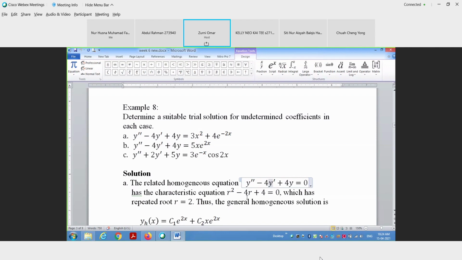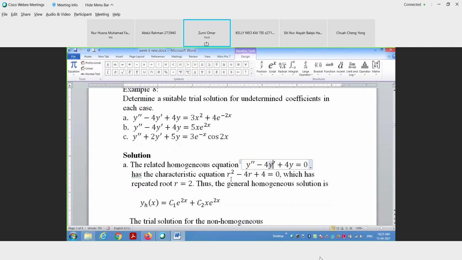To find r, we can use either the quadratic formula or factoring. In this case, we use factoring. So we have r minus 2 times r minus 2, because r squared minus 4r plus 4 can be written as r minus 2 times r minus 2.